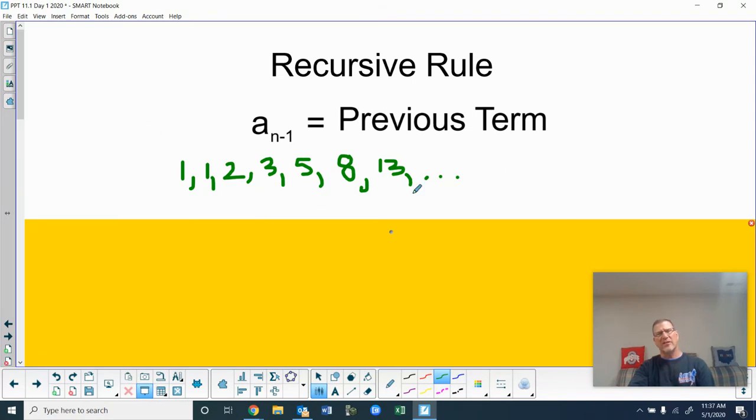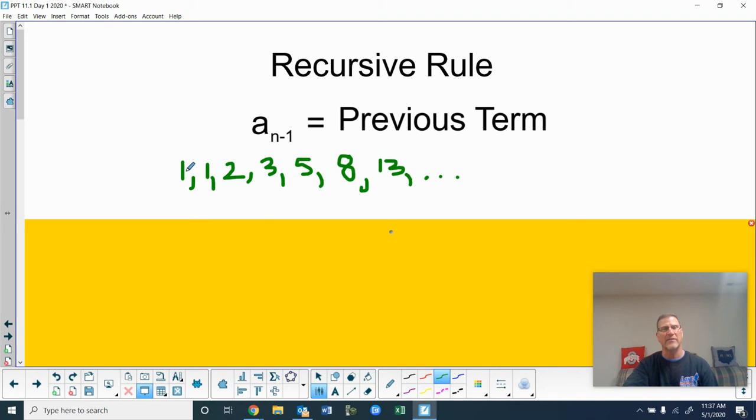But what it uses in this Fibonacci sequence, and this is really a special one that you'll see in nature and stuff if you were to study it. But anyway, you use the two terms before to get the next term.